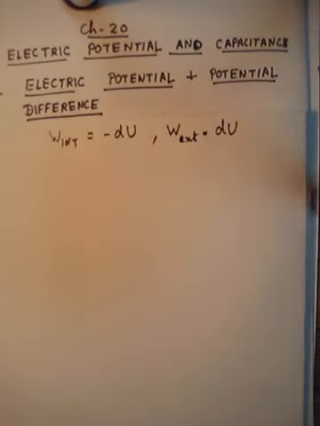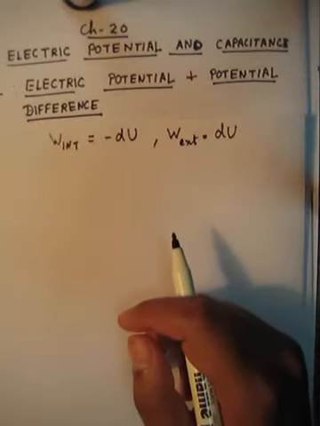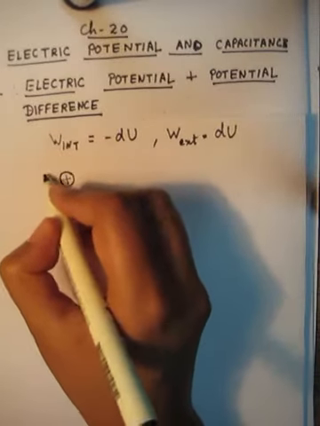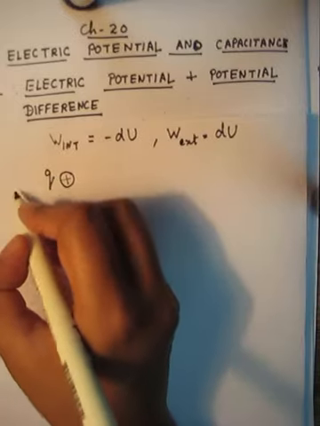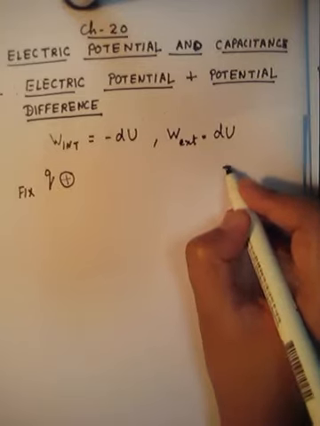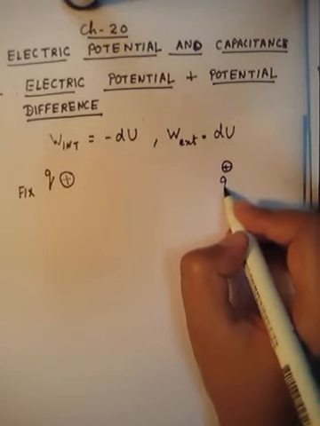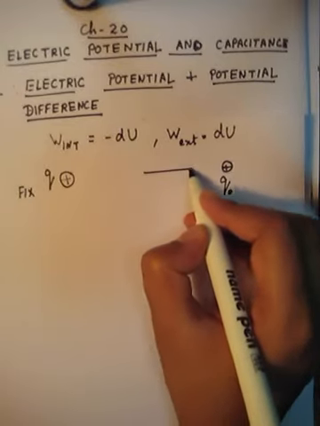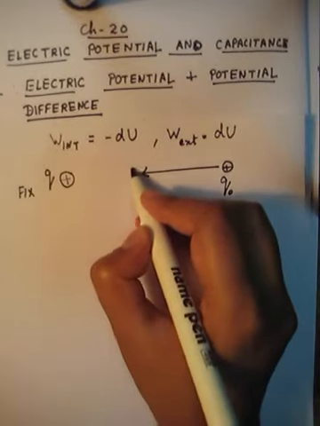So now let us start with the charges. Let us say that you have a charge q and it is fixed, and there's another charge q naught and we are moving this charge from one point to the other.